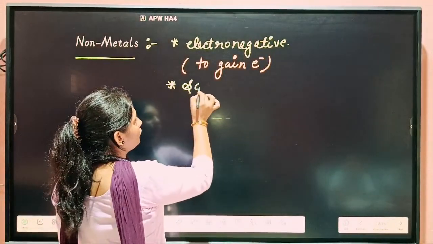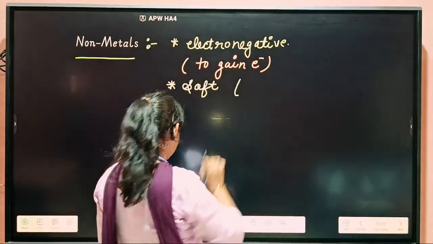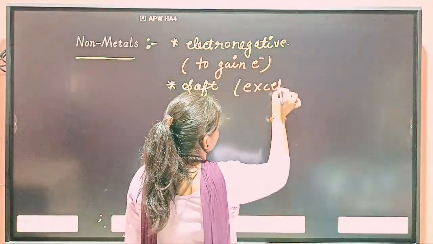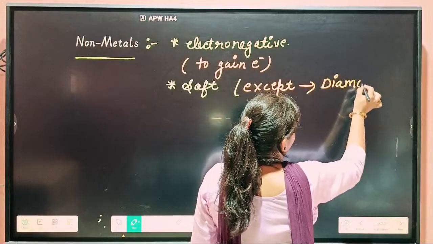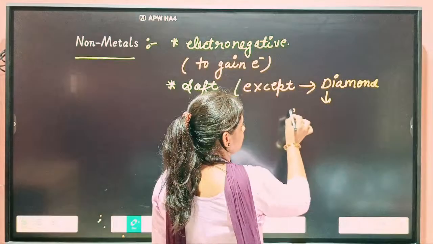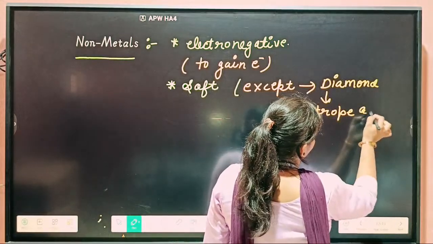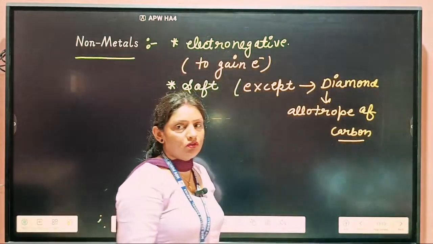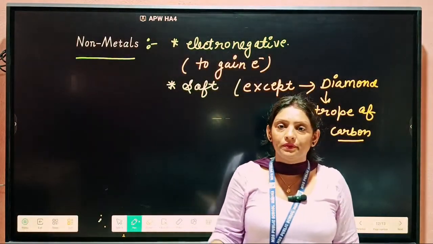They are generally soft in nature, except diamond. Students, diamond is an allotrope of carbon. What do you mean by allotrope? Allotropes are forms of the same substance which have different physical properties but the same chemical properties.